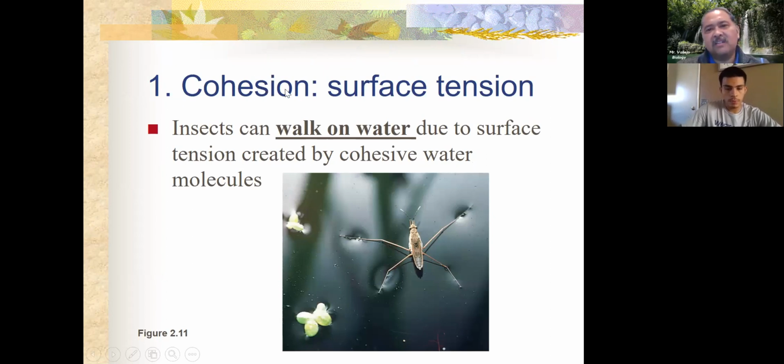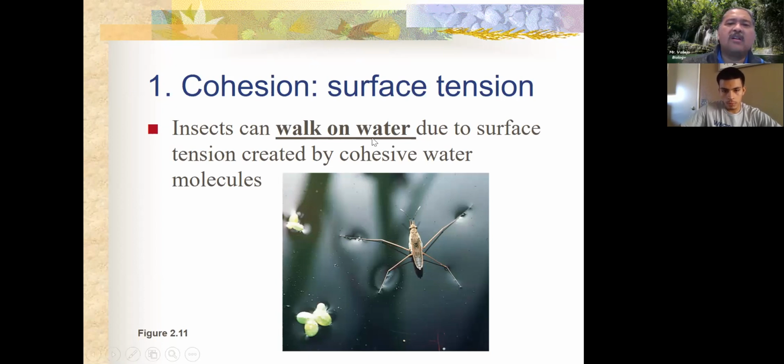So when you have a cohesive molecule like water, one thing that it does is it leads to surface tension. Now, surface tension is when in water you would have an inward pull of the molecules, because the polarity leads to hydrogen bonding, and hydrogen bonding leads to this surface tension.